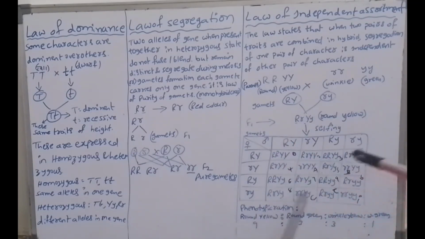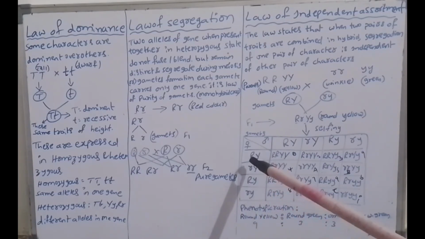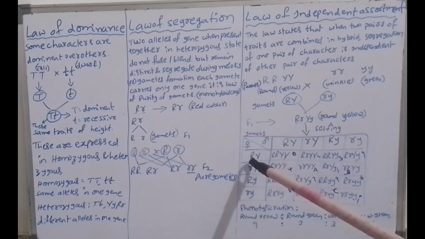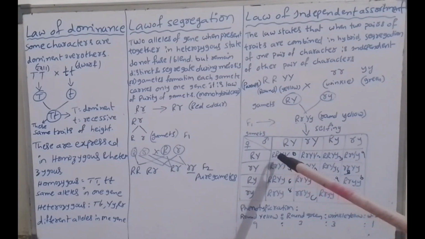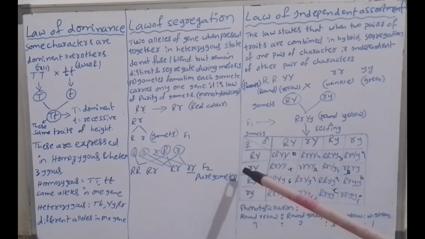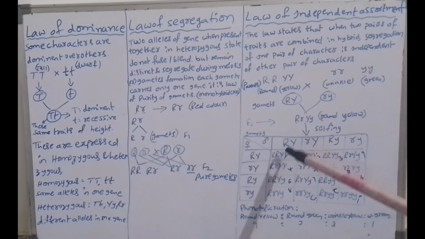Then the plants produced show a 9:3:3:1 phenotypic ratio. Here capital R, capital Y crossing capital R, capital Y produces a round yellow plant. Capital R means round, capital Y means yellow.